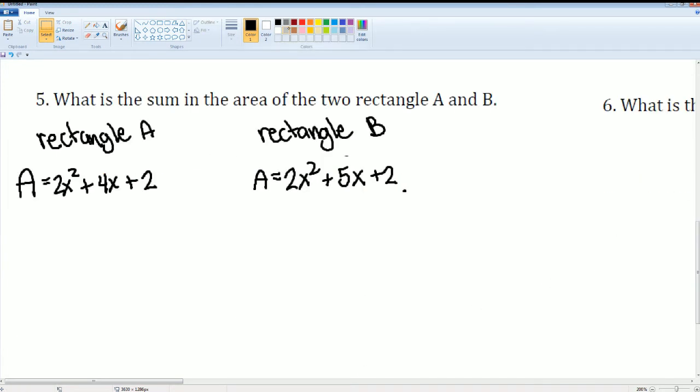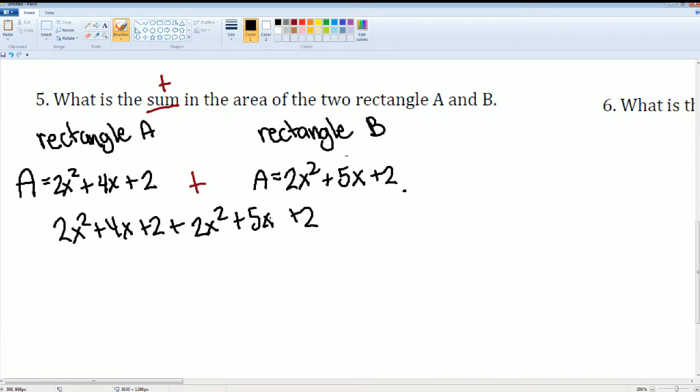Interesting. Here, they're asked to find the sum, which means addition. So you're going to add these two. So in short, you're adding 2x squared plus 4x plus 2, plus 2x squared plus 5x plus 2. Okay, so a couple of things are the same. This is the x squared terms.